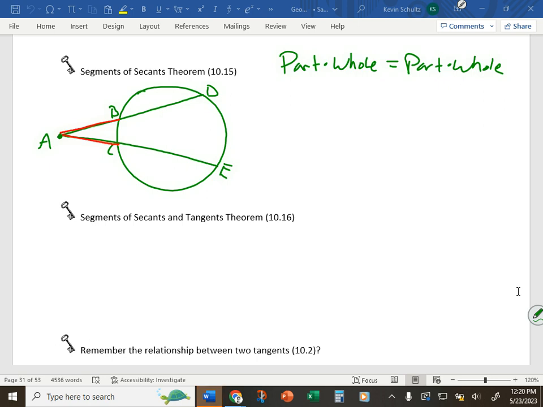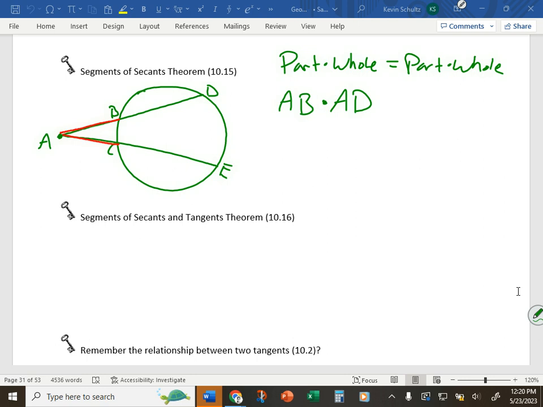For the secant AD here, the relationship is going to be AB, that outside part, times the whole thing, AD. The common mistake is that folks take outside part times inside part, but it's the outside part, AB, times the whole thing, AD.